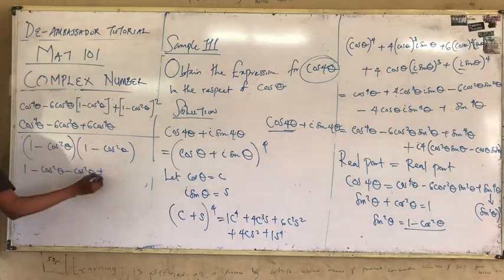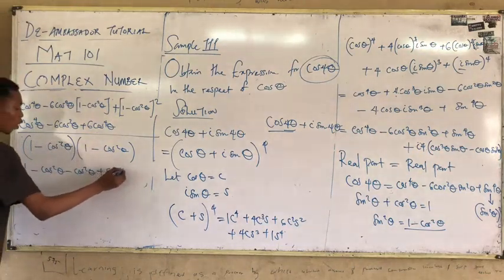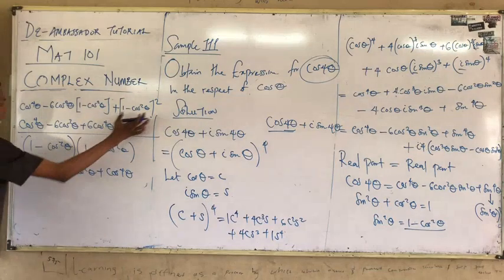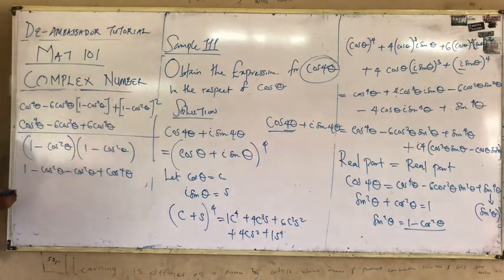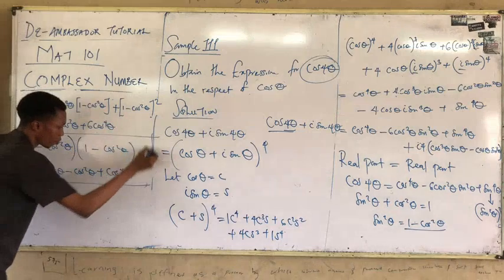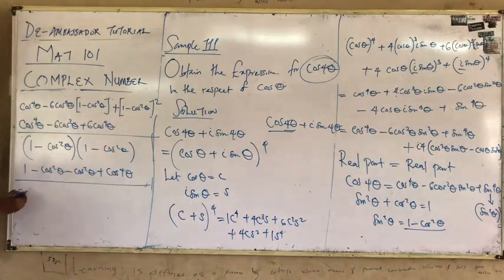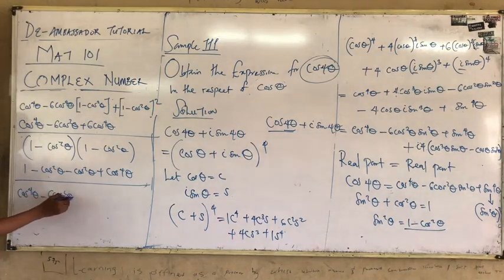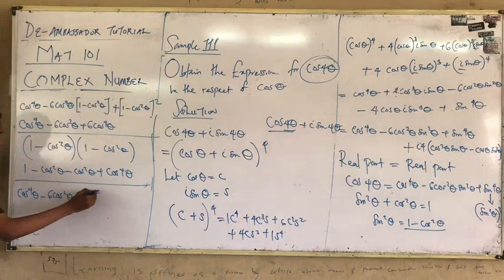So 1 times 1, 1 times this gives minus cos square theta, minus cos square theta times 1, minus cos square theta times minus cos square theta gives plus cos 4 theta. So everything inside here we bring here. What do I have? Cos 4 theta minus 6 cos square theta plus 6 cos 4 theta.